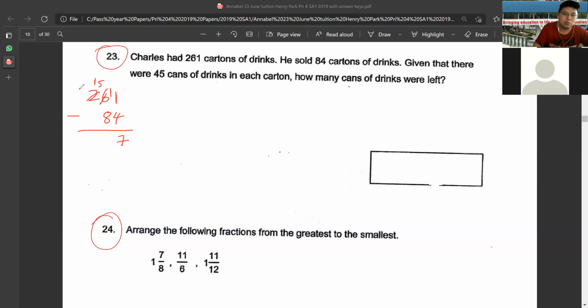Then 2 change to 1. Then 15 minus 8 equals 7. Then 1 minus 0 equals 1. So what does 177 stand for? There were 177 cartons of drinks left. Correct. Very good.